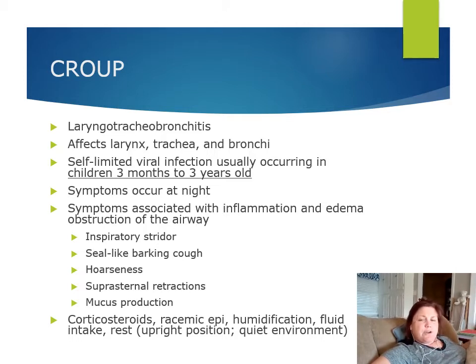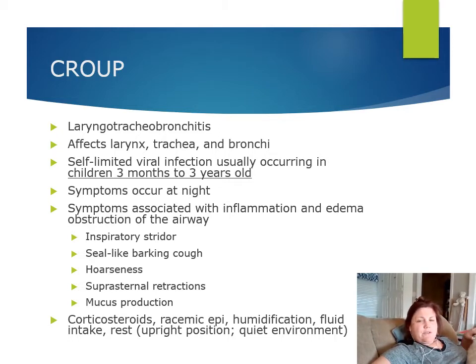The symptoms are most often present at night, and they include inspiratory stridor. Remember, stridor is that sound that is very concerning when we hear it. It just sounds like they're having trouble breathing, and something is occluding the airway and air is escaping around it. And it's always a sign that intervention needs to be performed quickly.